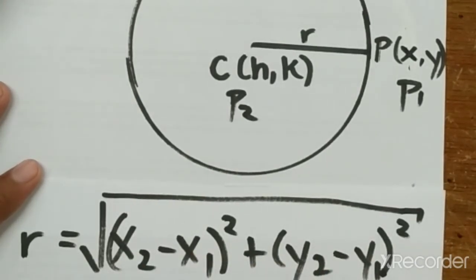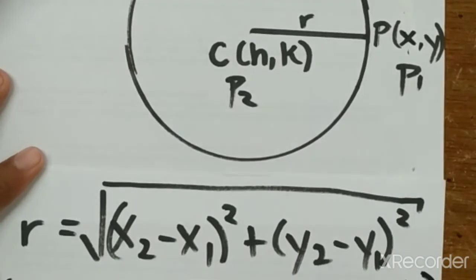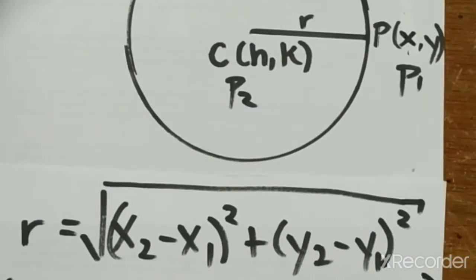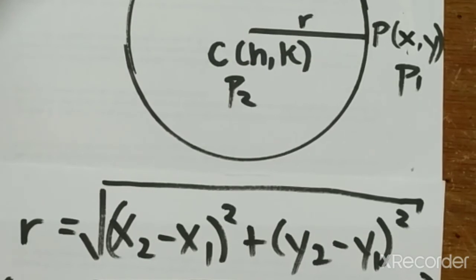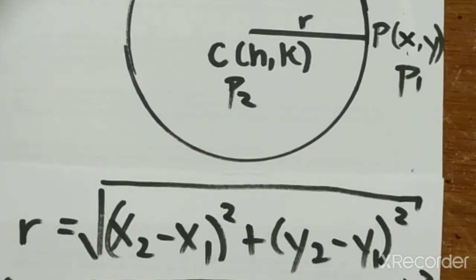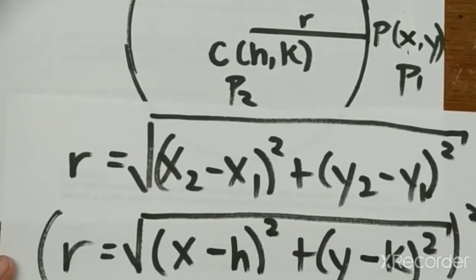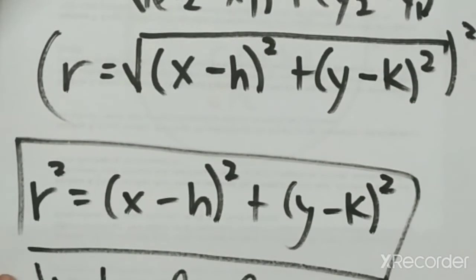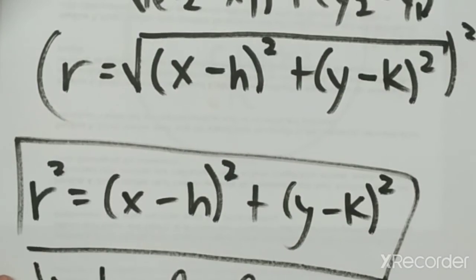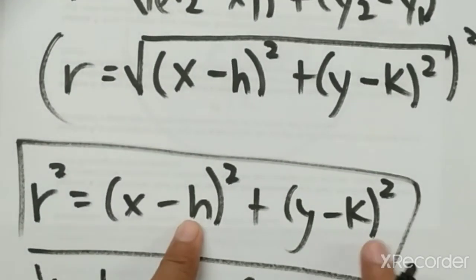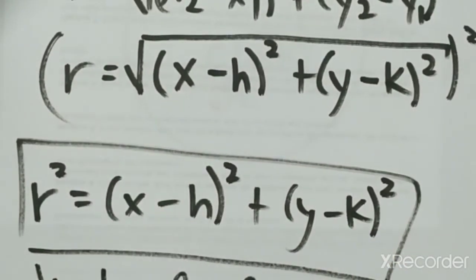So r, squaring both sides to remove the radical sign, it would be r squared equals (x minus h) squared plus (y minus k) squared. So this is our standard equation of a circle with center at (h, k). Alright? So our h and k is found there, and that is our center.